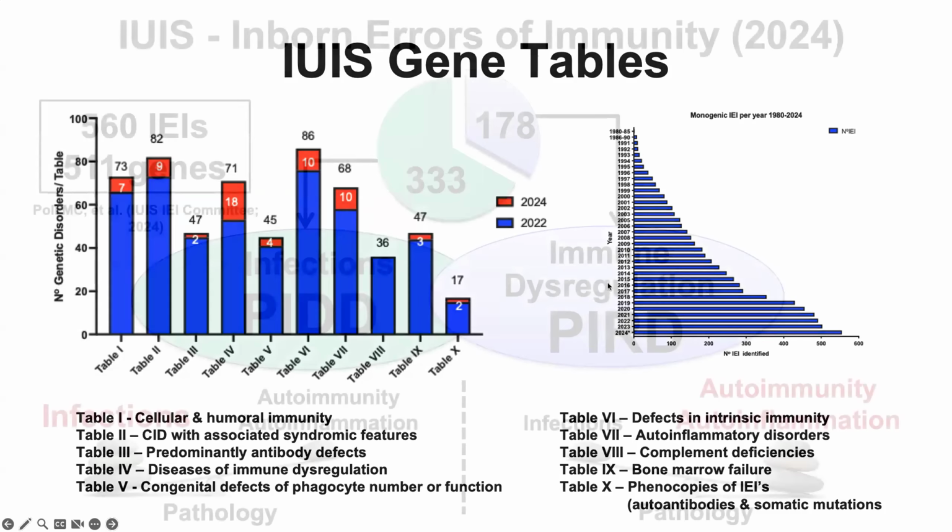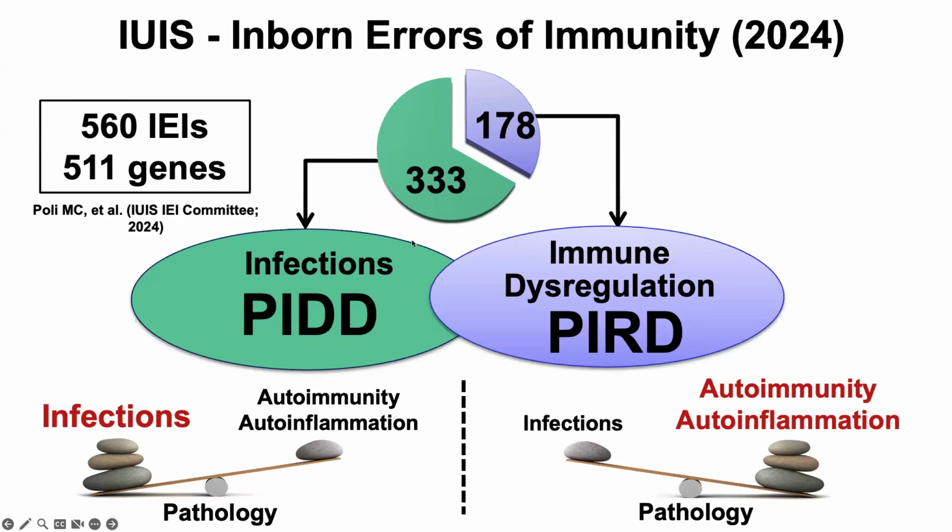What's interesting is that the classic definition of immune deficiencies, primary immune deficiency diseases, or PIDDs, was that they had problems with infections they couldn't clear very well. This was the predominant cause of morbidity and mortality in these patients. Some of them developed autoimmunity and inflammation, but really it was the infections that were the big problems.